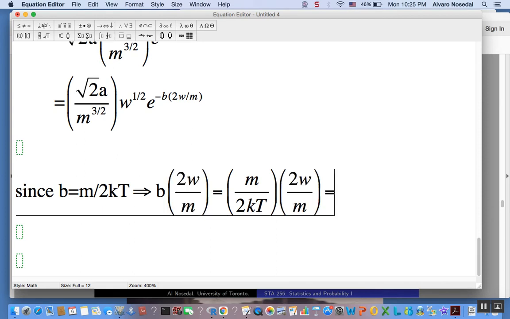Okay, so these two guys cancel out, m and m, that 2 and that 2, they will cancel out as well. So what we end up with is just w divided by 2 times kt.